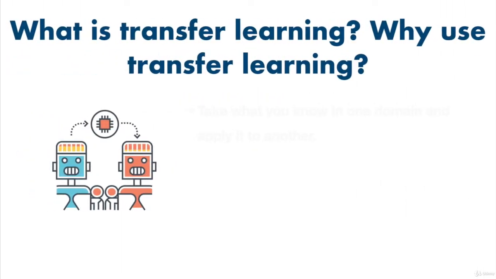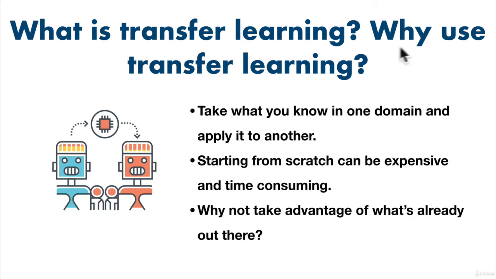Okay, and we mentioned transfer learning before. So what is transfer learning and why should we use it? Well, the main premise of transfer learning is taking what you know in one domain and applying it to another. So if you're training a machine learning model to pick up different dog breeds in images, and you're trying to train a machine learning model from scratch, that can be both expensive and time consuming.